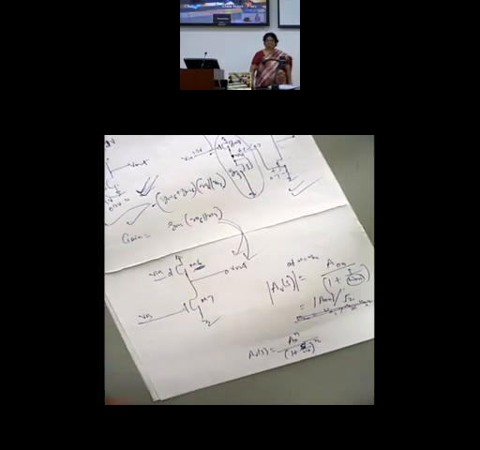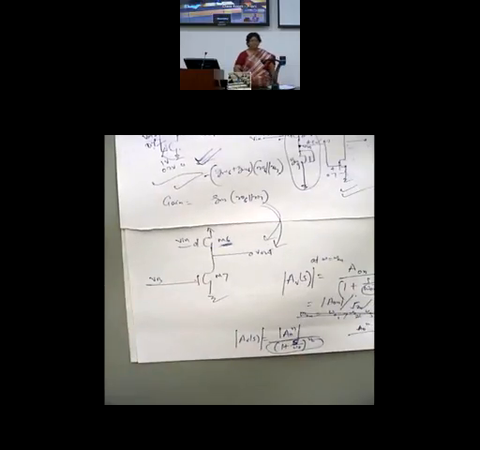Now actually my AVS is given as A naught to the power n, where A naught is the DC gain of each stage, divided by 1 plus S by omega naught, to the power n. So if I take the magnitude of this function, the magnitude of the numerator would be A naught to the power n, and the magnitude of the denominator must be equal to root 2. That's what I am writing in my slide.